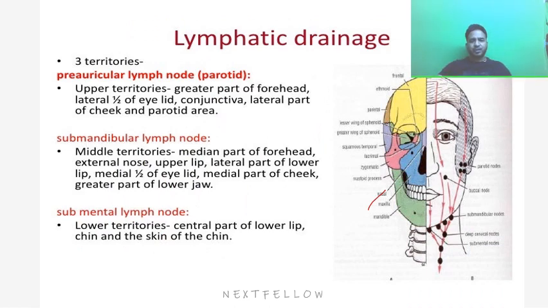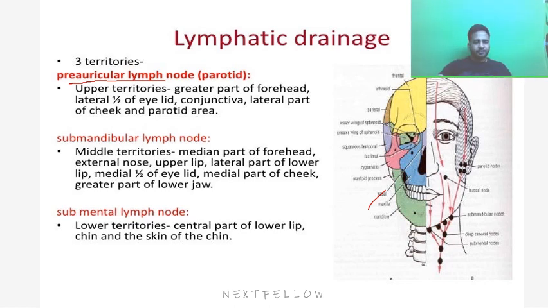Now let's have a proper idea of the lymphatic drainage. Firstly, the pre-auricular lymph nodes. The upper territory includes the greater part of the forehead and the lateral half of the eyelids, because we are cutting the eyelid into two halves. The lateral half drains to the pre-auricular nodes, then comes the conjunctiva, the lateral part of the cheek, and the parotid area. These all drain into the pre-auricular lymph nodes.